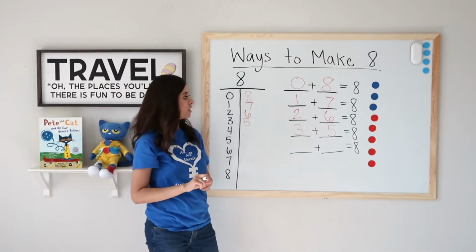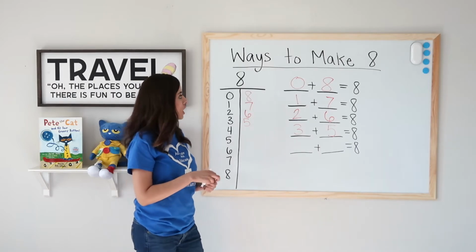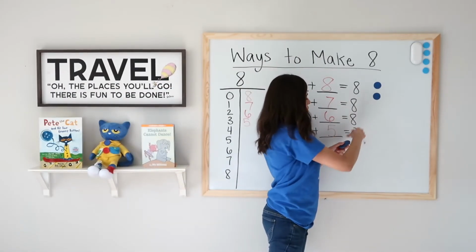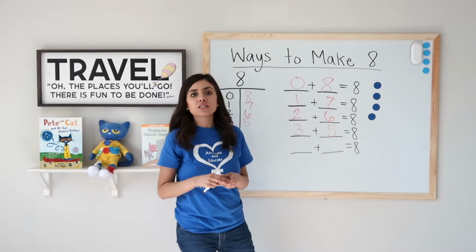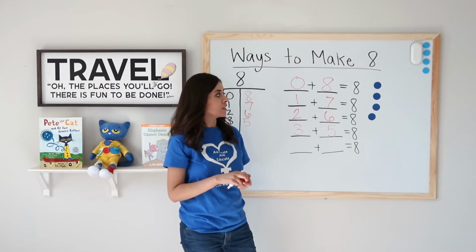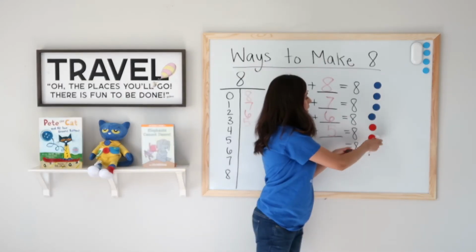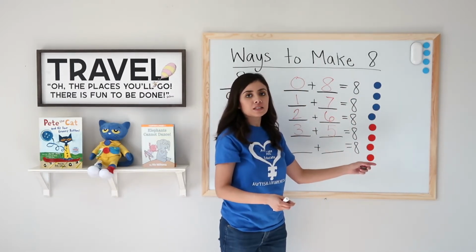Very good. 4. If I have 4 blue dots, let's see, 1, 2, 3, 4. How many red do I need to get to 8? Let's see. 4, 5, 6, 7, 8. I have 8 dots now.